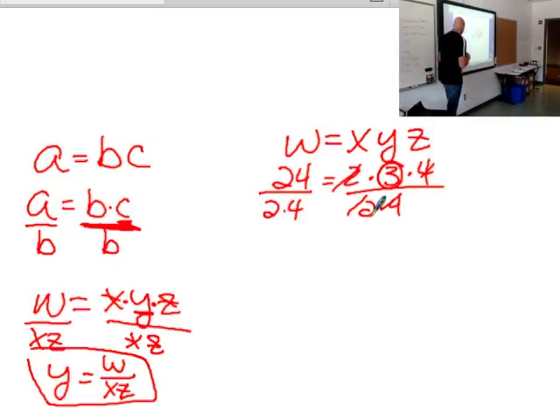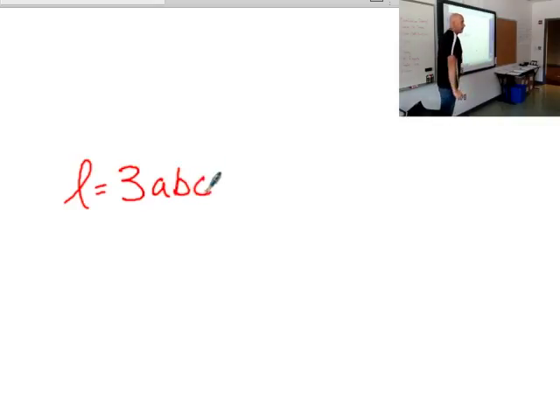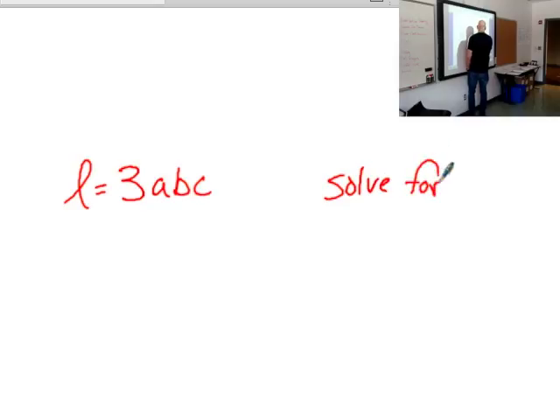How about this one? L is equal to 3ABC. So let's solve for A. Really, is this 3 times A times B times C?